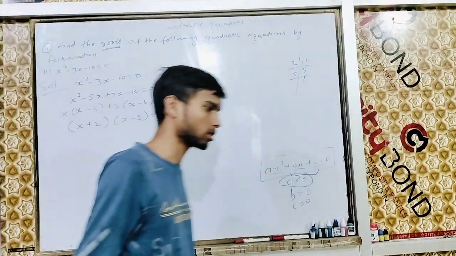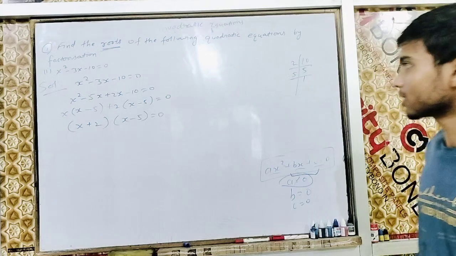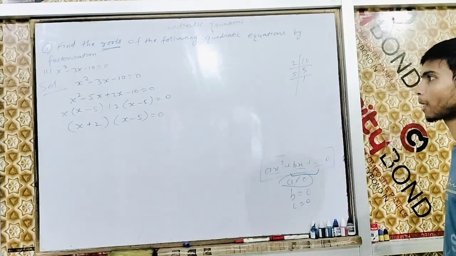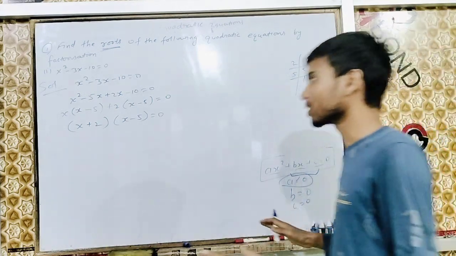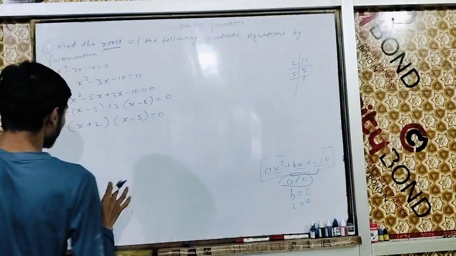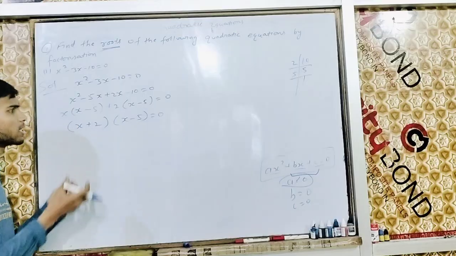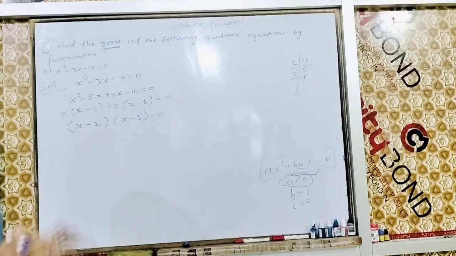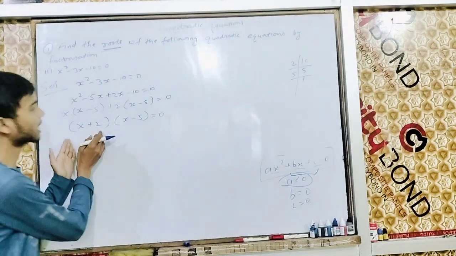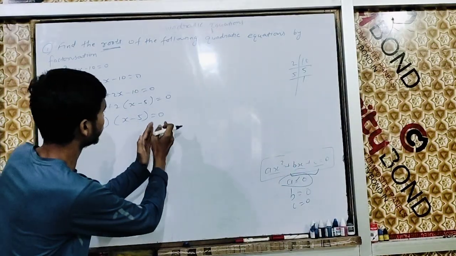Now next, what to do? Again the same question. Till here this is not our answer, our answer is coming. Okay, don't worry. After this step, we can observe one thing: this can be written as equal to 0.